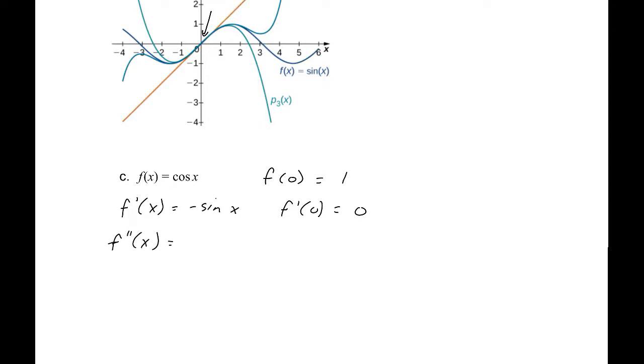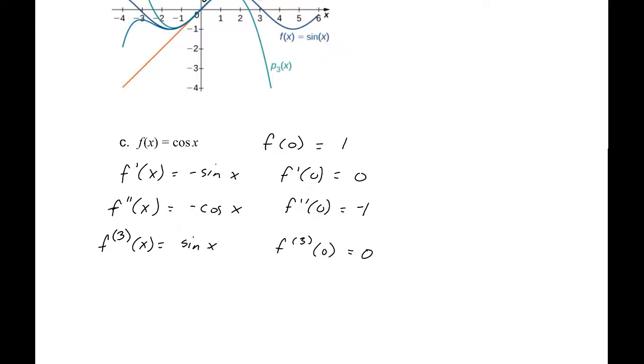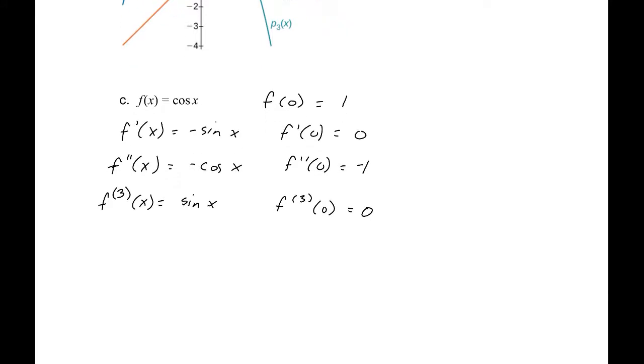Second derivative, negative cosine x, so the second derivative at 0 is negative 1. Our third derivative will be sine x, so the third derivative evaluated at 0 is 0. If you notice, we have alternating, but in a slightly different form. So we'll go ahead and write these out.